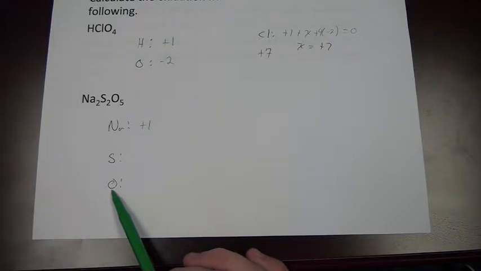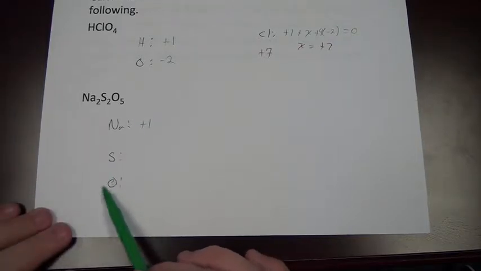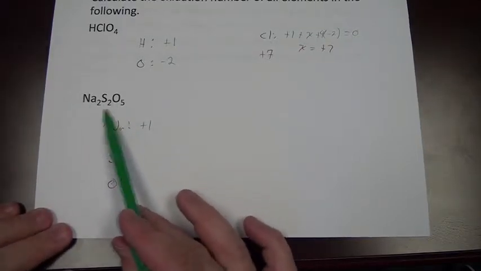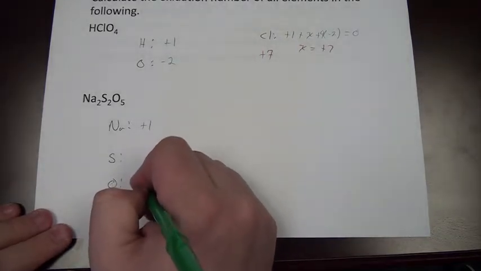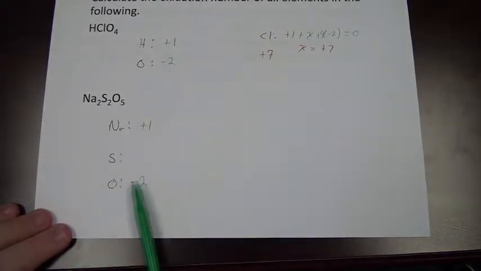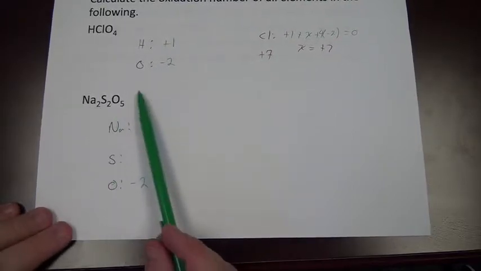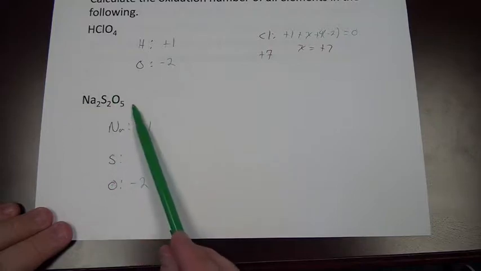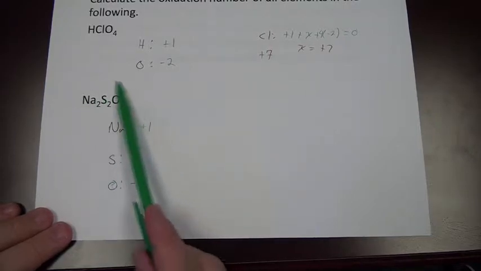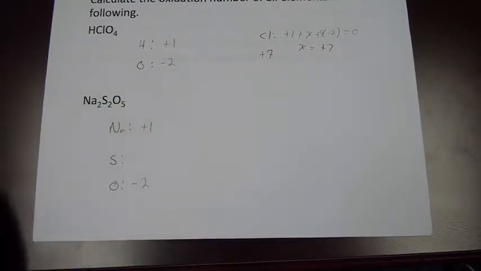Oxygen, again, we talked about the rule just a second ago, is always -2 except in peroxides. This is not a peroxide, so it has an oxidation number of -2. The sulfur, though, we don't have a rule for, which means we, like chlorine above, have to figure it out from what it's bound to. So this whole sum must be equal to 0.